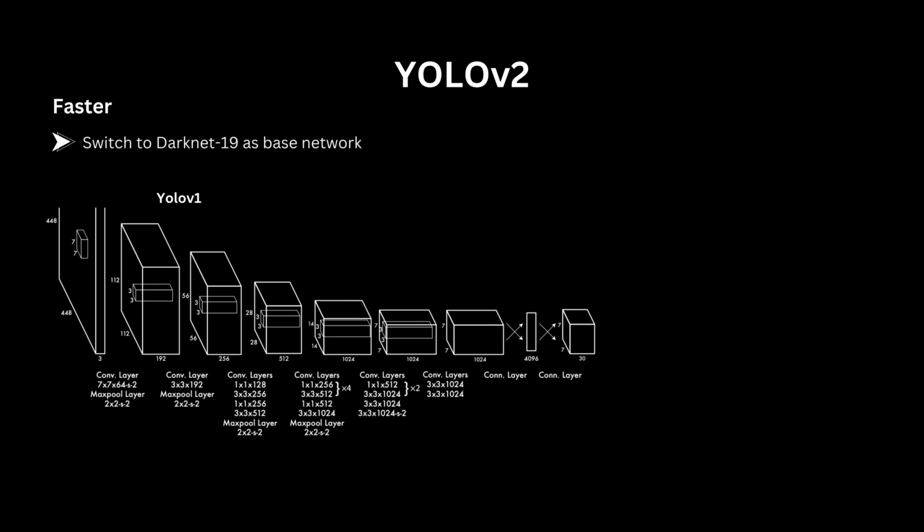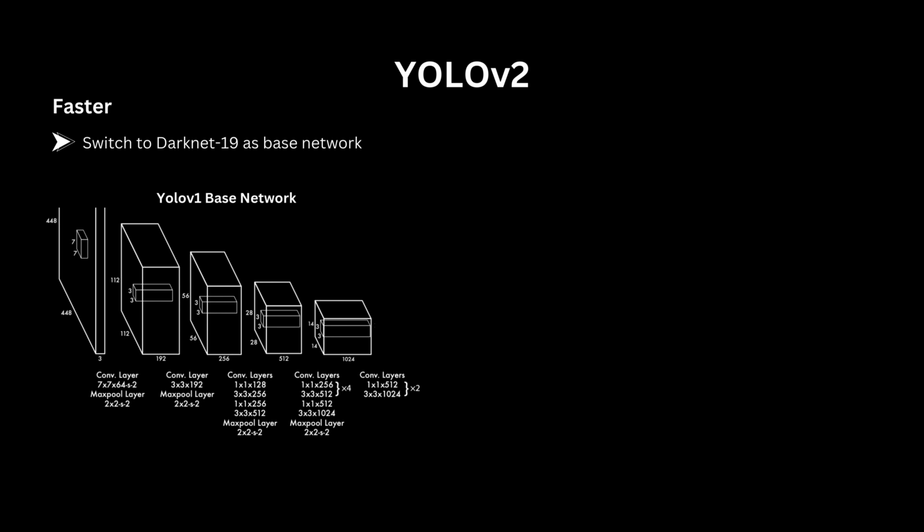Now we move on to the change that the authors make in the network architecture to make it faster. Essentially, this is just switching to Darknet-19 as the base network. In YOLOv1, we had a base network architecture which was GoogleNet with a few modifications that we went over in the previous video.